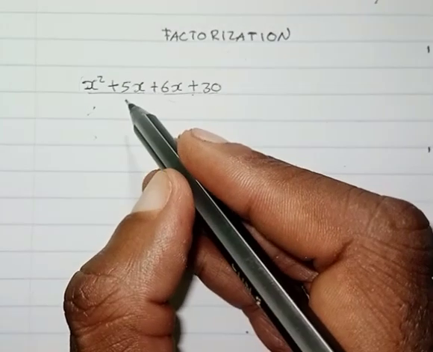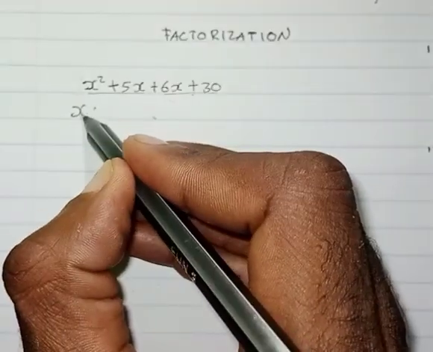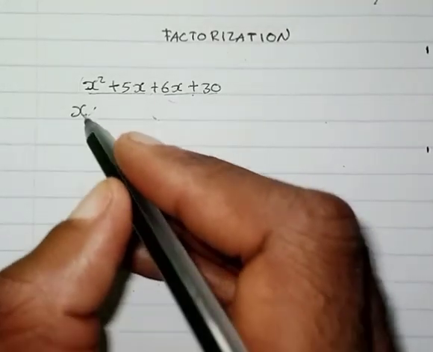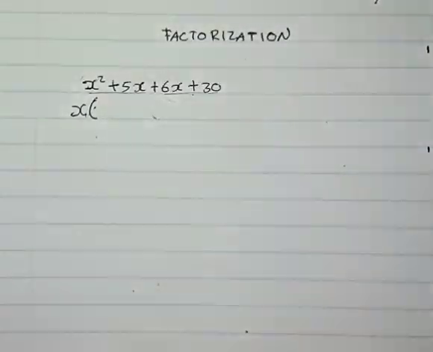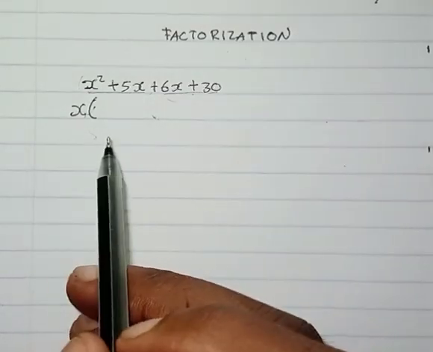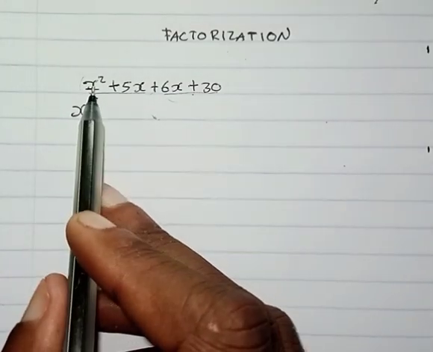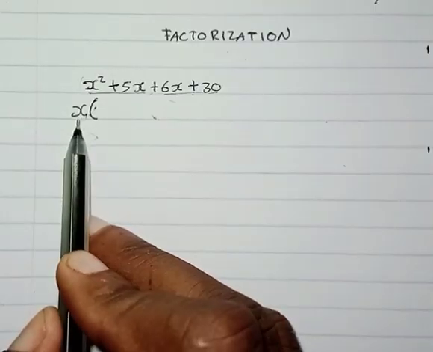So we say x is common. Now, when you have identified what's common, you open parentheses. So we do this. Then we start applying division.